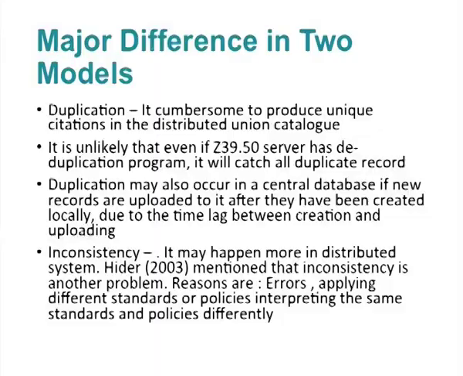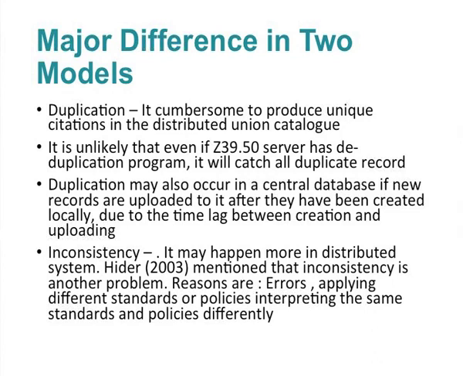If you look at the major differences between these two models, the centralized union catalog and the distributed union catalog, one major problem is duplication. It is cumbersome to produce unique entries or unique citation records using these models.